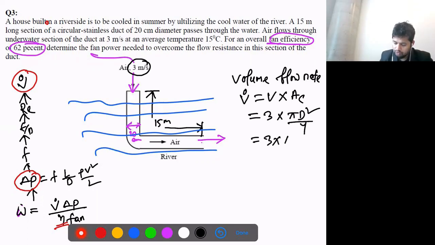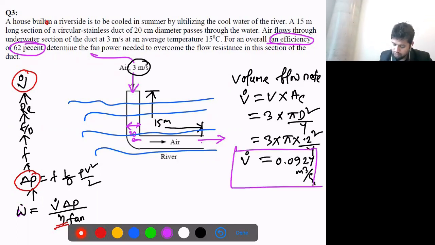So this is 3 times pi times 0.2 squared over 4, since the diameter is 20 centimeters. So we'll get the volume flow rate as 0.0924 cubic meters per second. So this is the volume flow rate. Just take this first one.